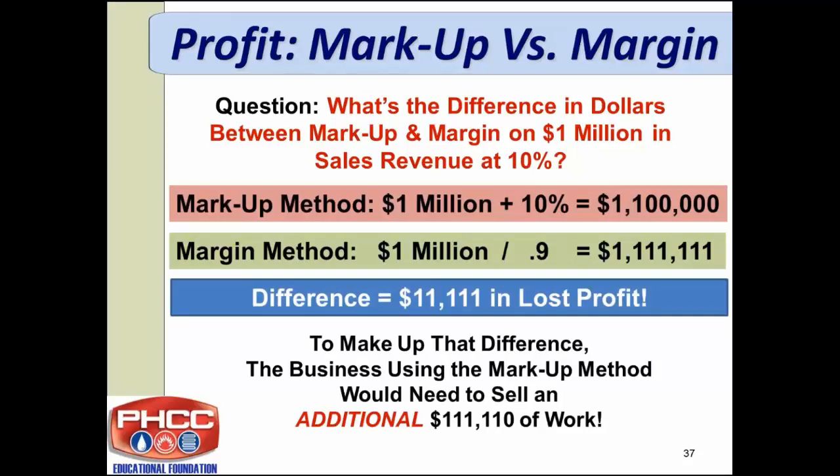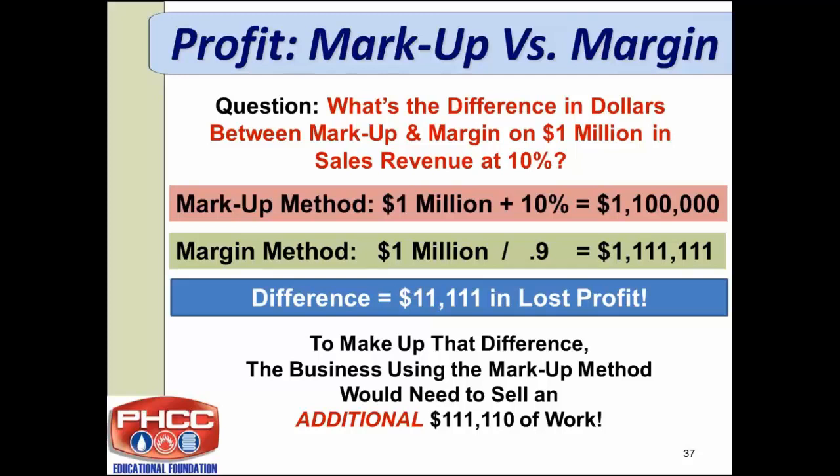That's when things start to get serious, because we see that using the markup method, $1 million plus 10%, that's 1.1 million that we're bringing in revenue, versus the margin method where we would bring in $1,111,111.